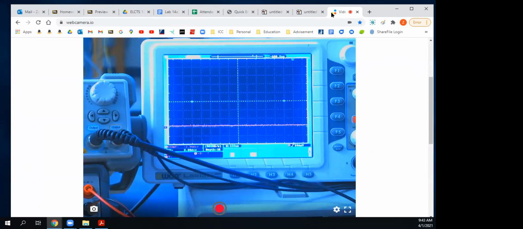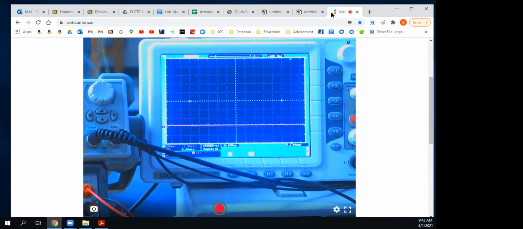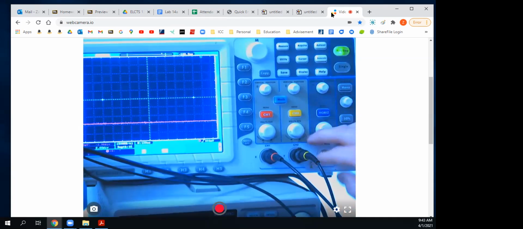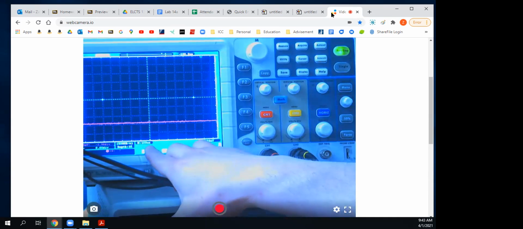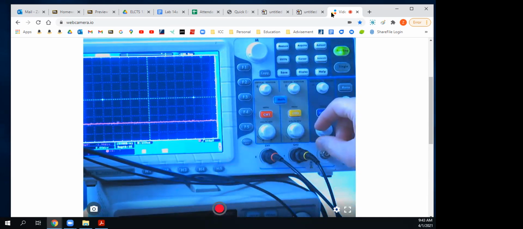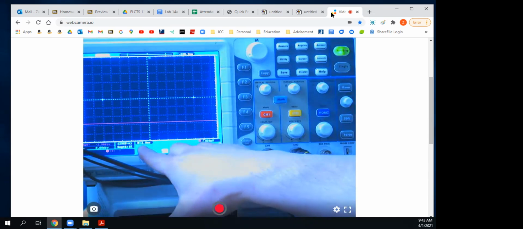So that's this knob here. This one. I'm at 100 microseconds and we want 2 milliseconds. Is that right? 2.0 milliseconds.